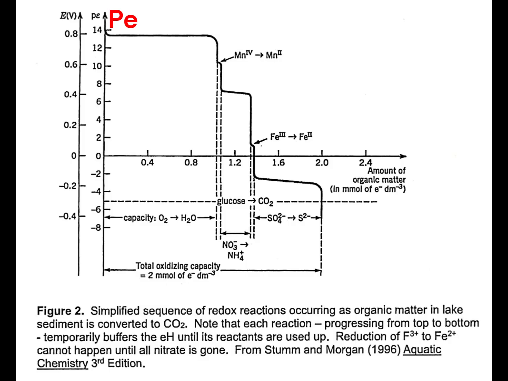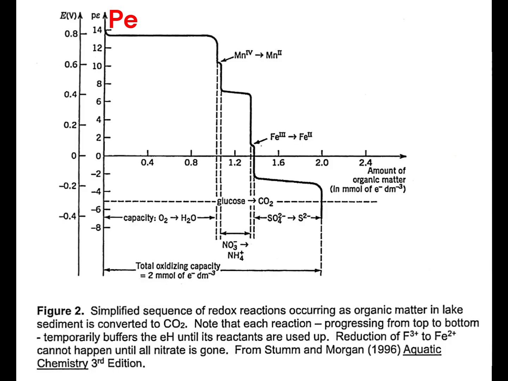And what this diagram is supposed to show you is how oxygen levels in the water, or oxidizing conditions, change as organic matter is decomposing. So the main reason that oxygen gets used up in a lake is because there's organic matter. So there's dead algae, dead other plants. And when those decompose, the carbon in that material is converted to carbon dioxide, and that uses oxygen.